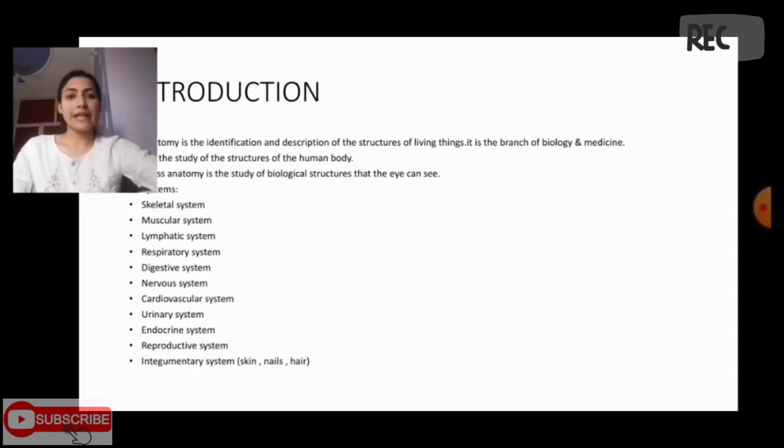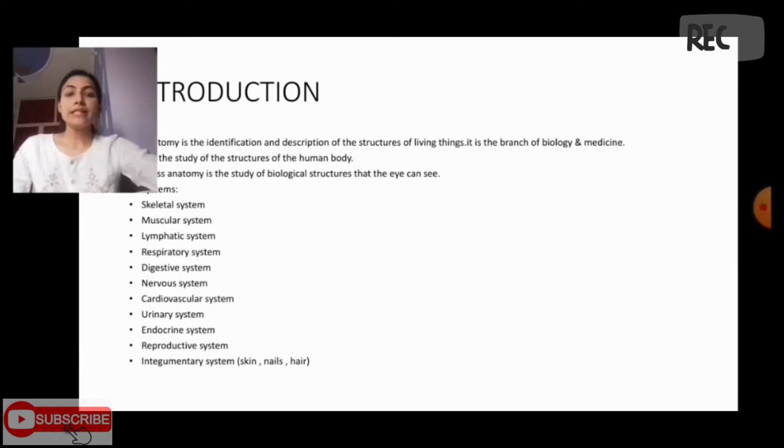Anatomy is divided into two parts, gross anatomy and microscopic anatomy. Gross anatomy is the study of biological structures that we are able to see with our eyes. So those structures come under gross anatomy.